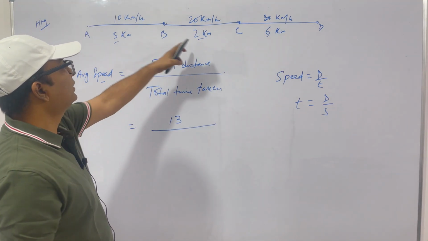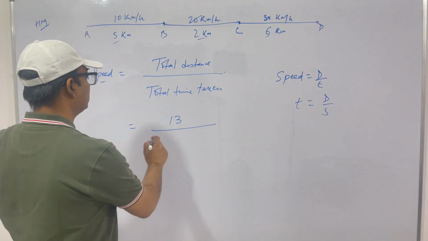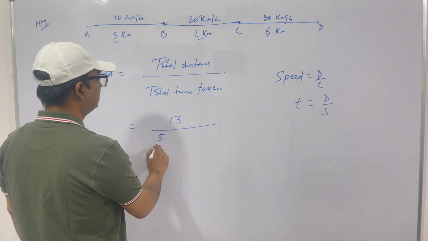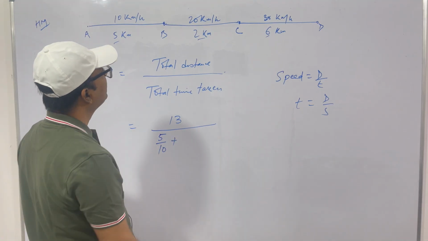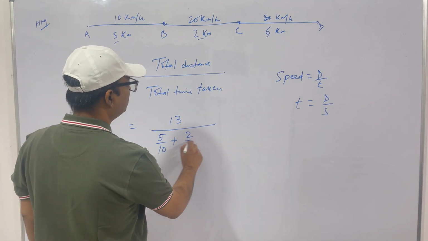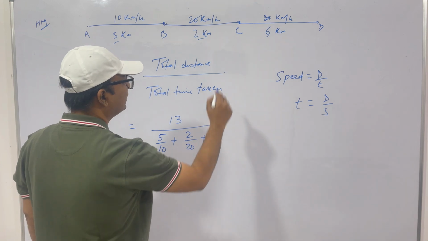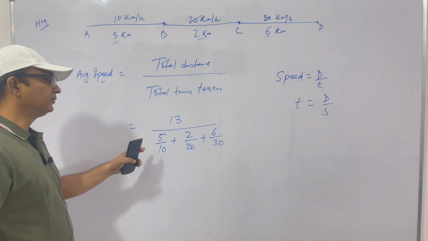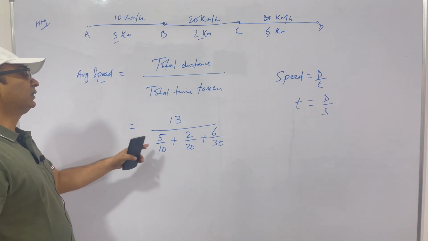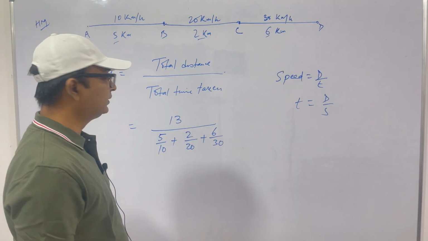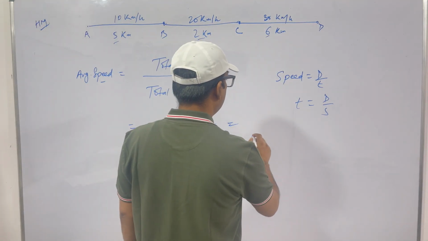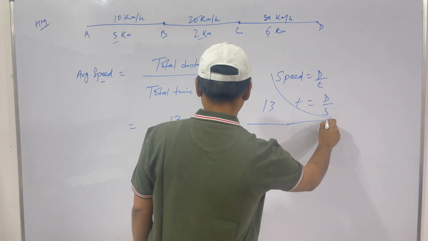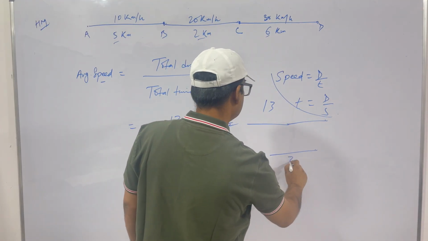So T1, T2, T3, let's say this is the time 1. So this will be equal to distance 5 kilometers and speed 10, plus distance 2 kilometers, speed 20, and here distance is 6 and speed is 30. So this is the harmonic mean. Let's get the value of this. This will be equal to 13 by, let's say we take 30 as common.